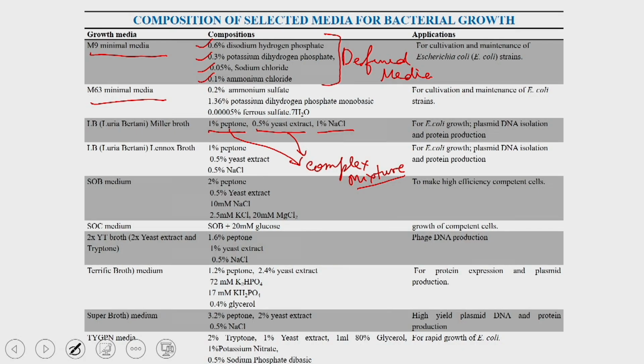And the advantage of having a defined media is that you can manipulate these parameters and achieve the best production of your metabolites or your protein, whatever you would like to overexpress, or whatever downstream metabolites you are producing.